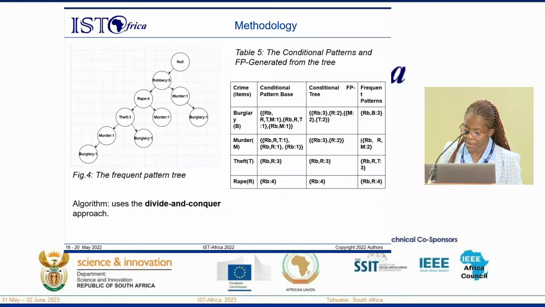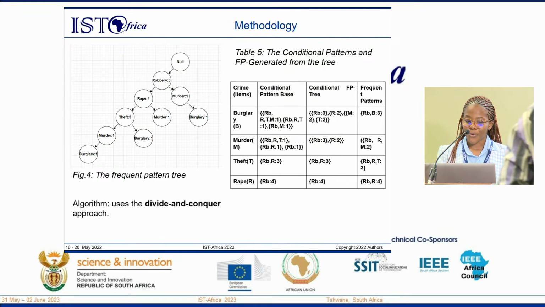So from there, we go to Table 5. From the FP tree, we generate the conditional pattern base, which is basically the path in which you reach that particular crime type. So from robbery to rape, and then you take the frequency of rape.